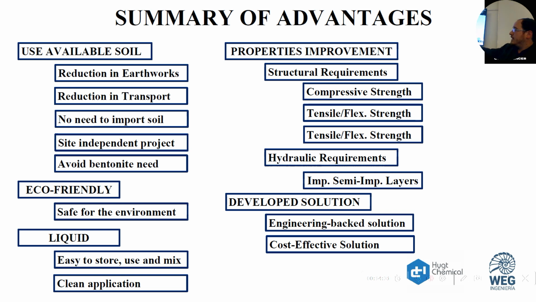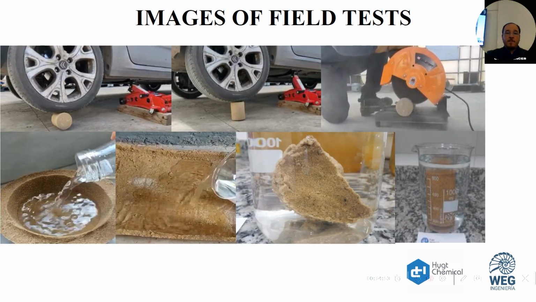The product is eco-friendly. You can use it liquid, store it, and as we saw before, the properties are met, and we have engineering properties shown in this case. So as a summary, we can say that chemical stabilization is a proper solution for landfill cells.